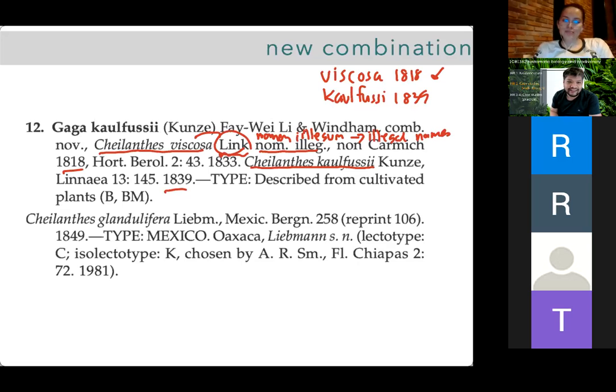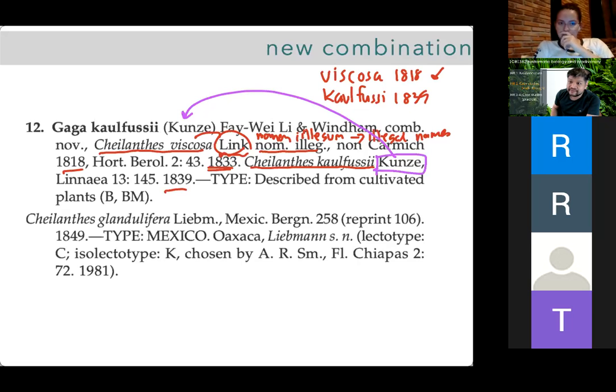He did not do the valid publication, and people found that out in 1833. It's like, this is not the right name. So Kunze came around and gave the right name, kaufusii. So that's why Kunze is going into that parenthesis, not Link. So this one, even though it has priority, is gone because it's illegal.